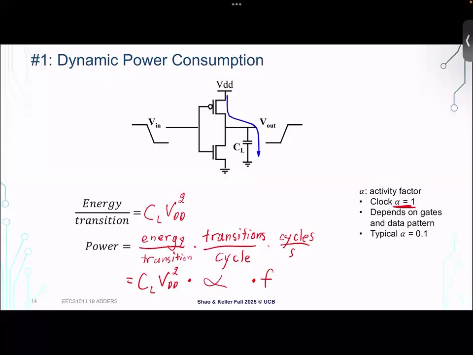But it turns out that most gate inputs and outputs do not toggle most cycles. So a typical alpha is something like 0.1. Because most of the time your inverter or your NAND gate or your NOR gate, for whatever reason, is not going to toggle every cycle because its inputs didn't happen to change that time.